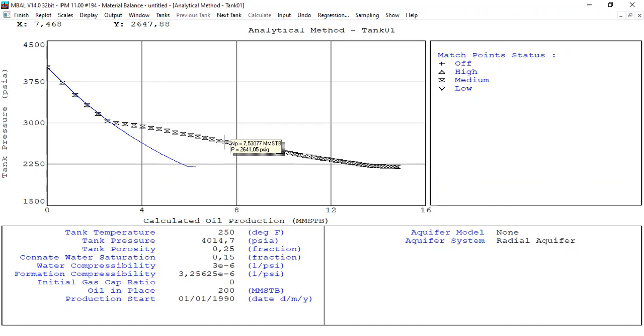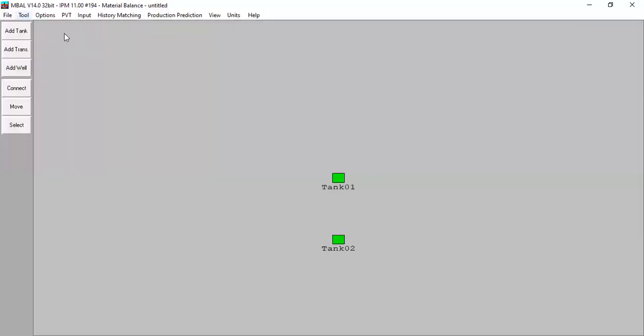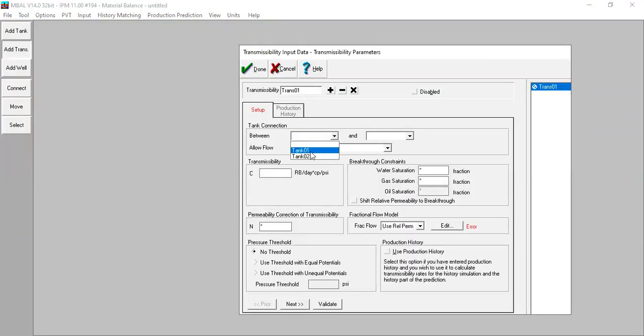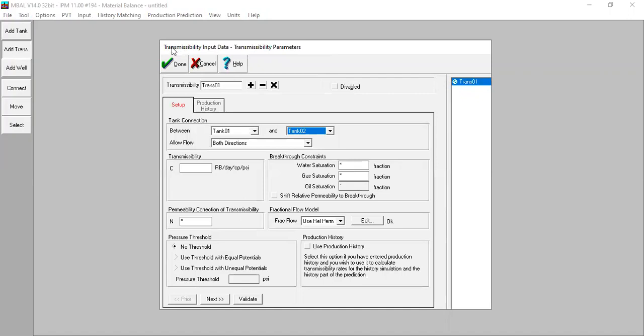Okay, so I will connect. I will make tank 1 connected to tank 2 with what? With this one, transmissibility, between tank 1 and tank 2. Okay, this is the window for transmissibility input data.